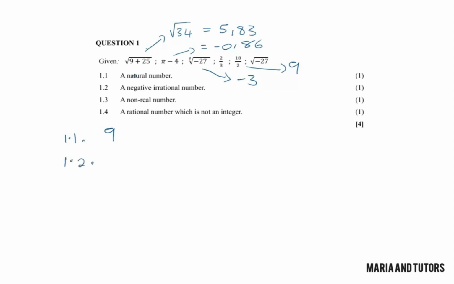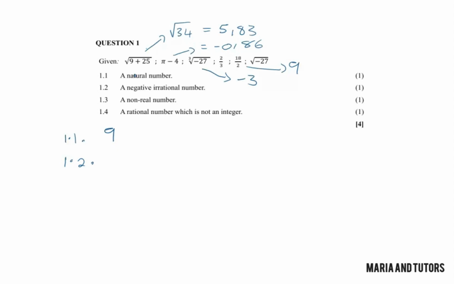Question 1.2, we are looking for a negative irrational number. So don't forget, irrational numbers are numbers that cannot be written as fractions; they are non-terminating numbers.